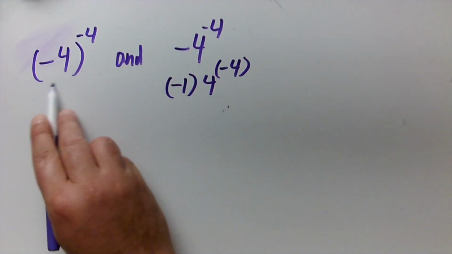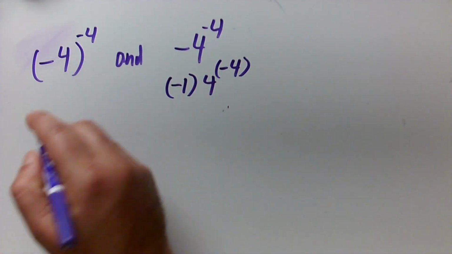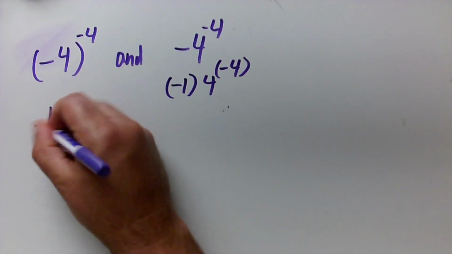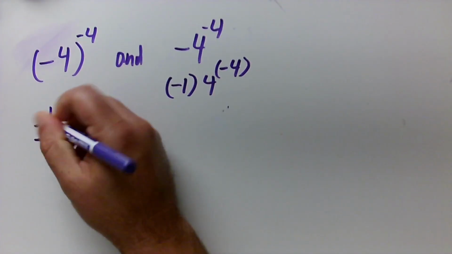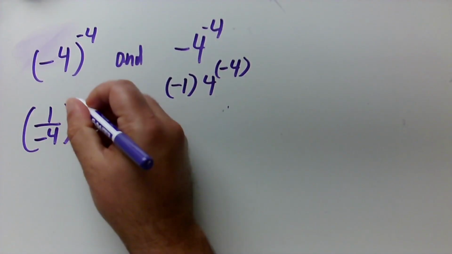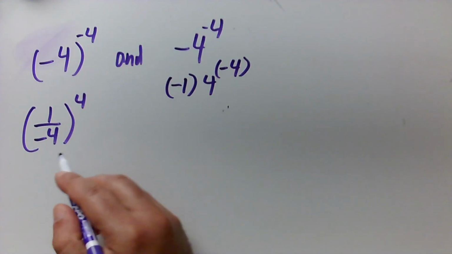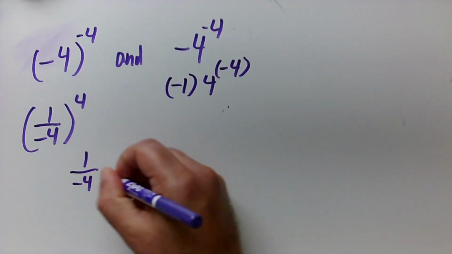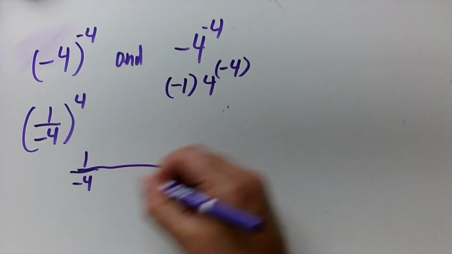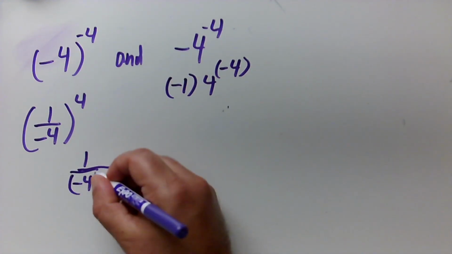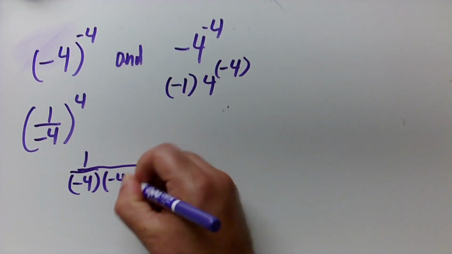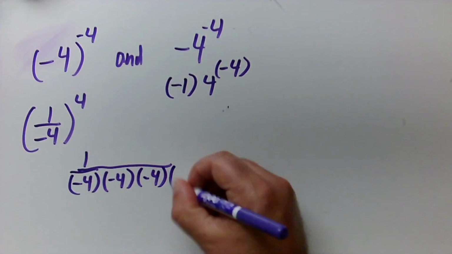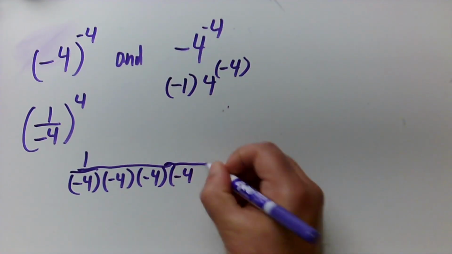So let's start with negative 4 to the negative fourth power. That's going to be 1 over negative 4 to the 4th power. And so 1 over negative 4 times negative 4 times negative 4 times negative 4.